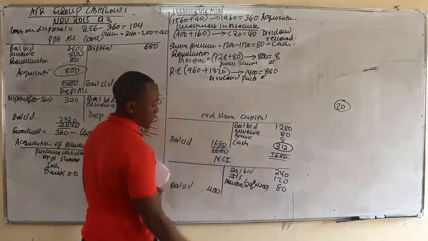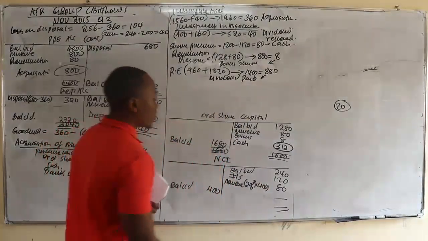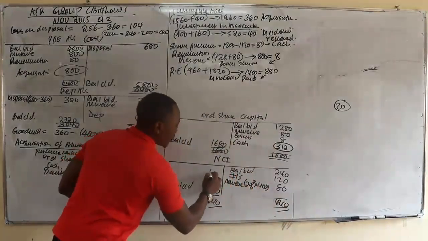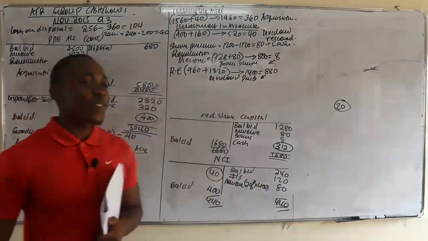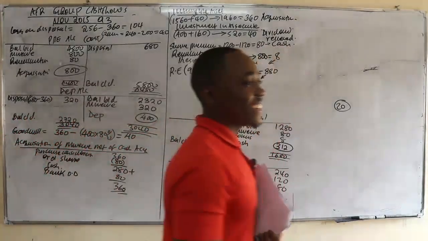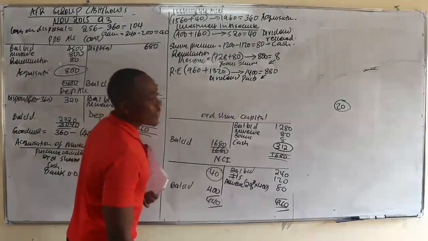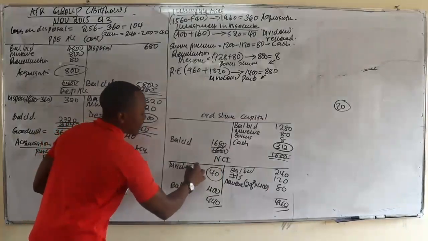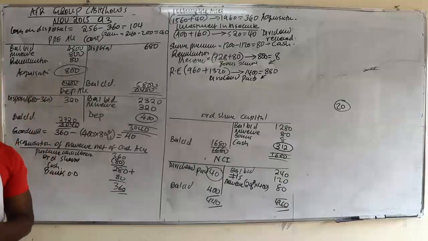Add that. That's 440. There is a reduction of 40. What is that? Is it dividend received or dividend paid? That's the dividend paid, what we attributed back to NCI.